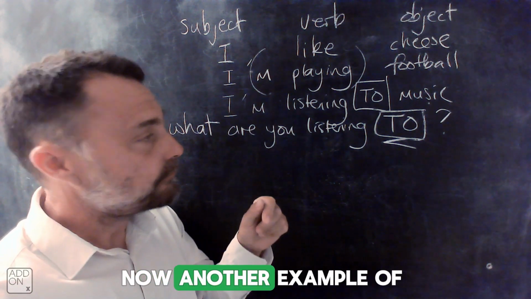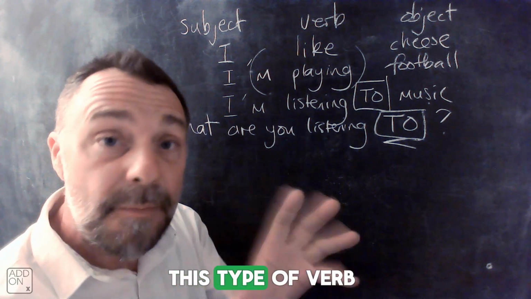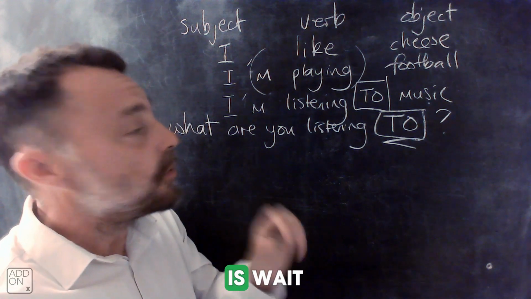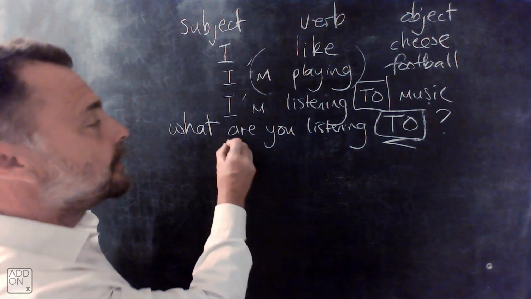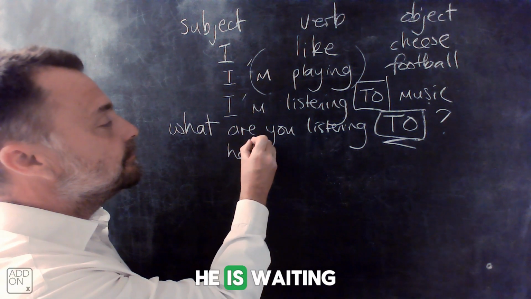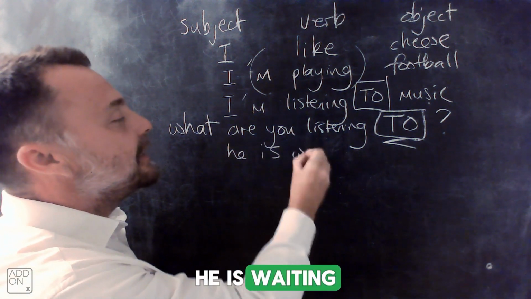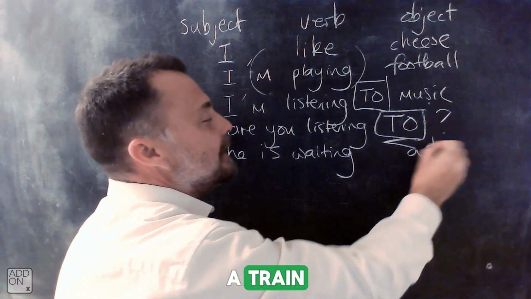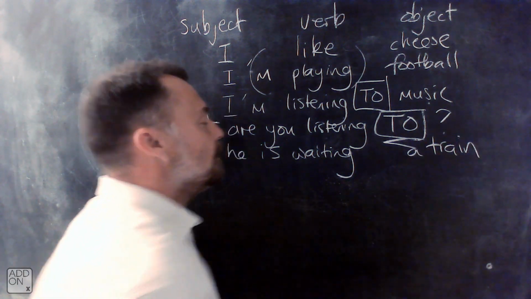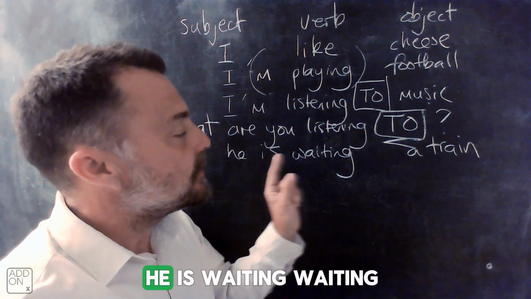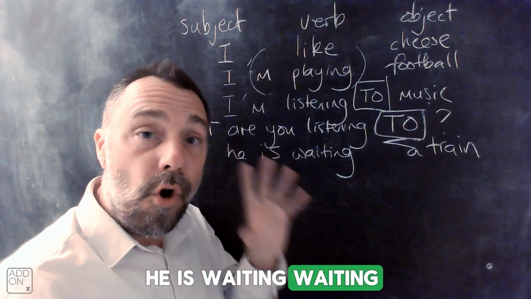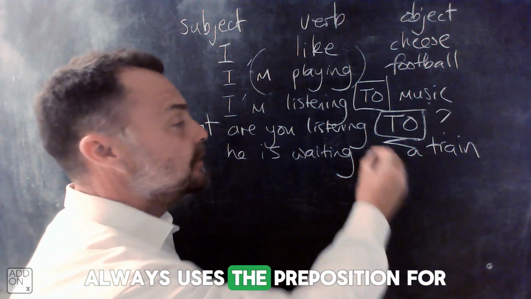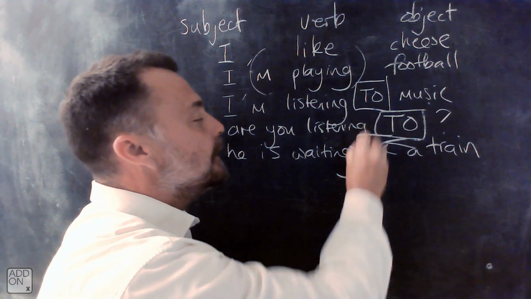Now, another example of this type of verb is wait. He is waiting for a train. Waiting always uses the preposition for.